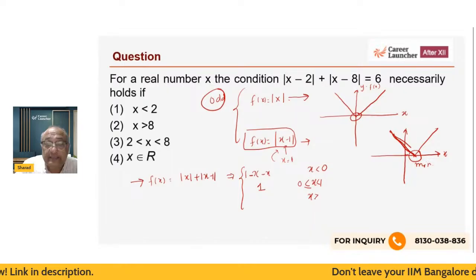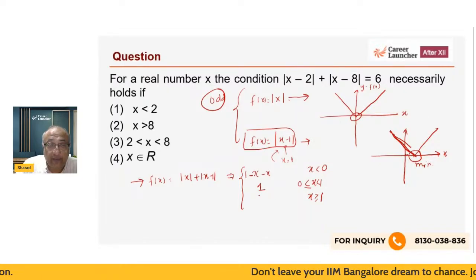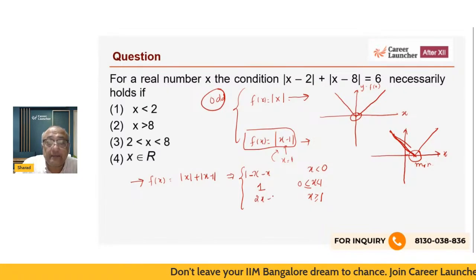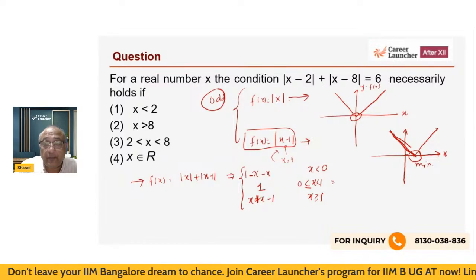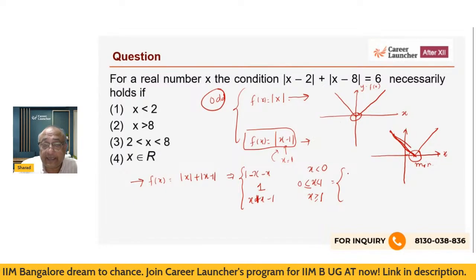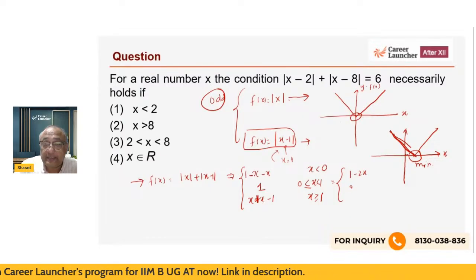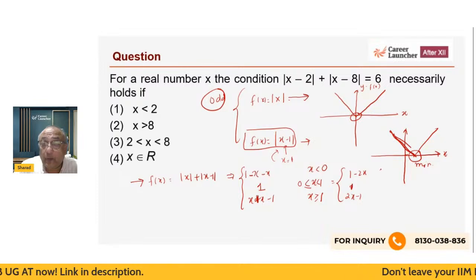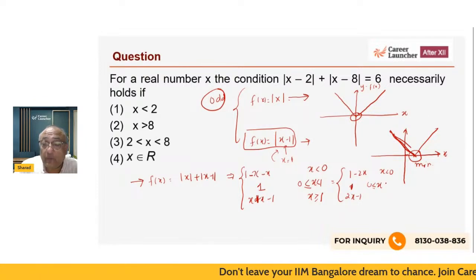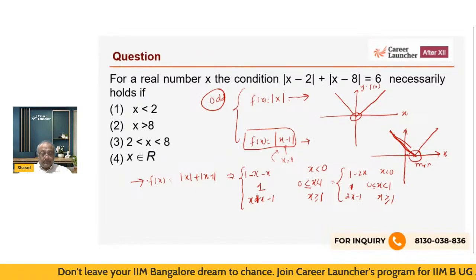And if x is greater than or equal to 1, value will be 2x minus 1, that is x plus x minus 1. If I have to make you understand completely, so this is 1 minus 2x, and this is 1, and this is 2x minus 1. Understood? When x is less than 0, when x is between 0 and 1, and when x is greater than or equal to 1.